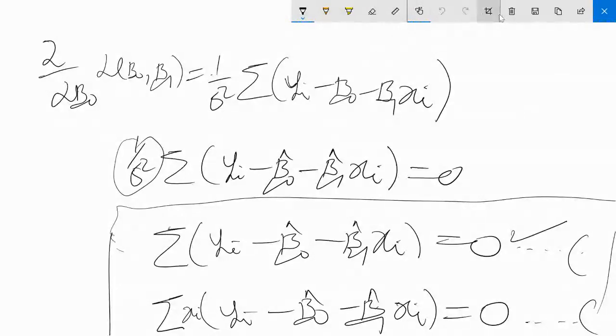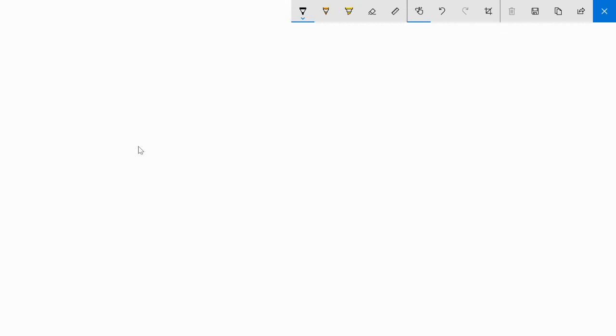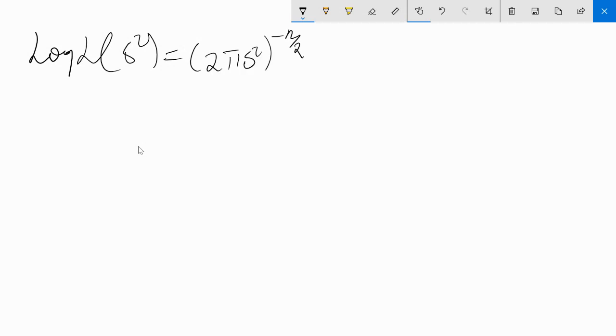Sorry, I want to project the whiteboard. So we're going to differentiate with respect to sigma squared. Our log likelihood function, let me write it like this as well so that it can be easy.